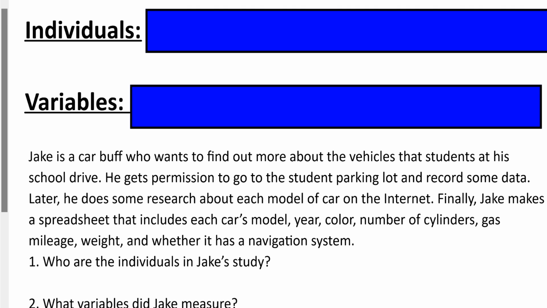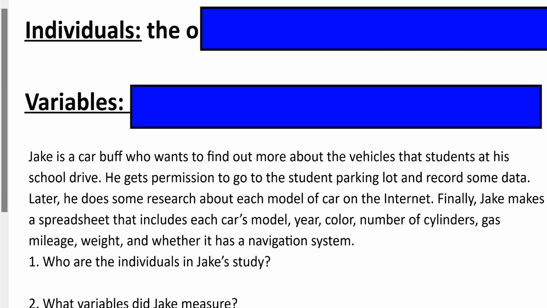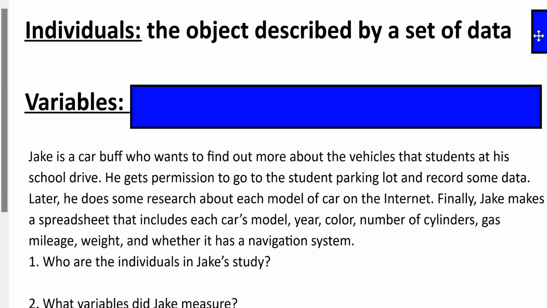When we deal with a situation, and I have a situation listed below, there's usually going to be individuals involved. There's usually going to be variables involved, and we'll get into a lot of other things later on. But the basic things I want you to know are individuals and variables. The individuals in a situation are the objects described by a set of data.